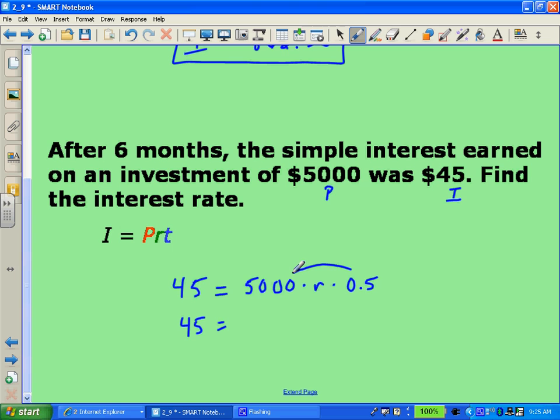Now I can multiply 5,000 and 0.5 together. You'll remember, it's okay to move multiplication around. So that gives me 2,500 R. Then all I got to do is divide by 2,500.